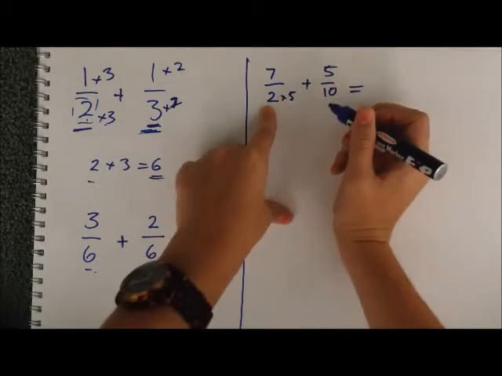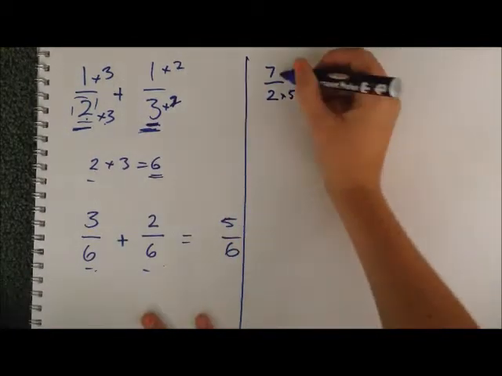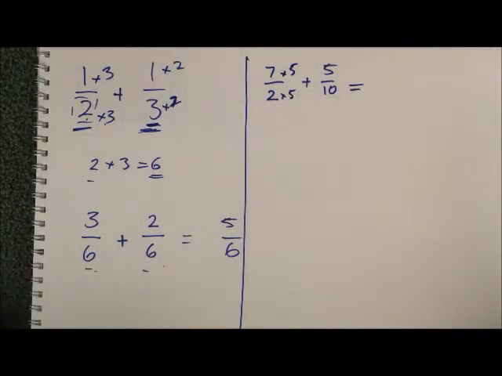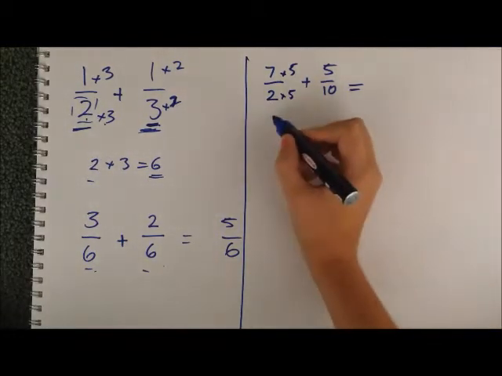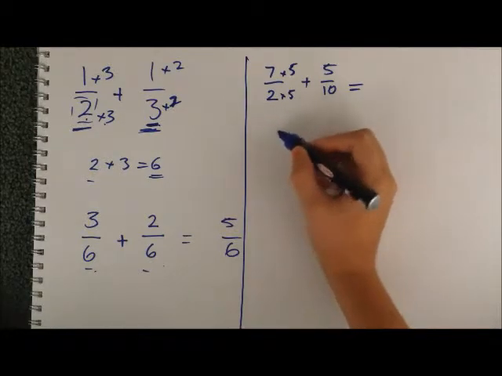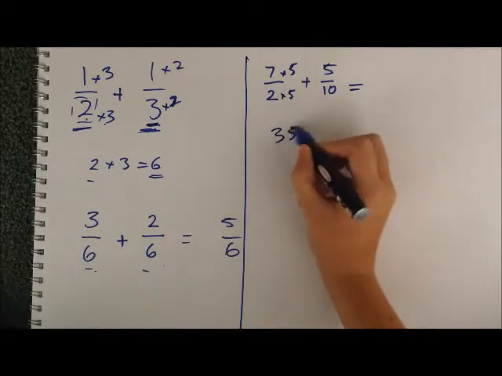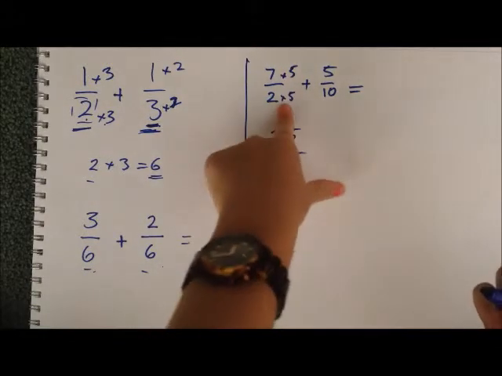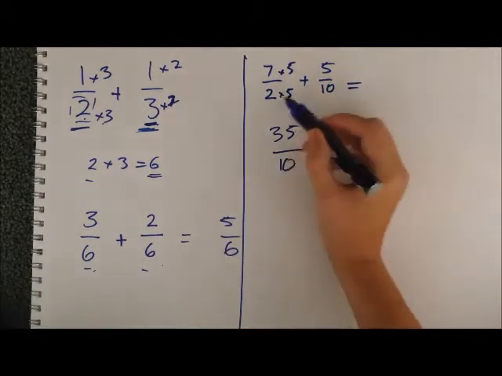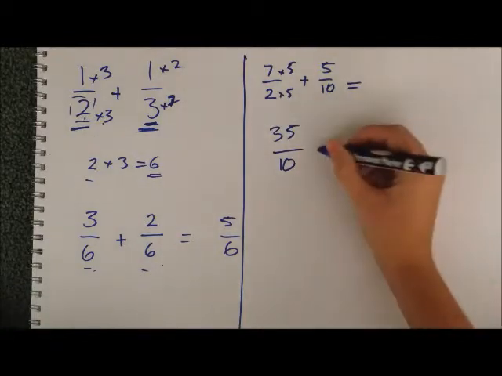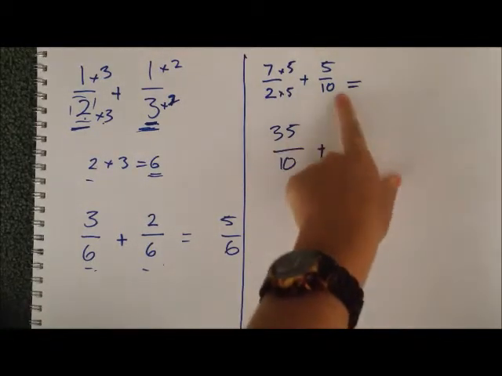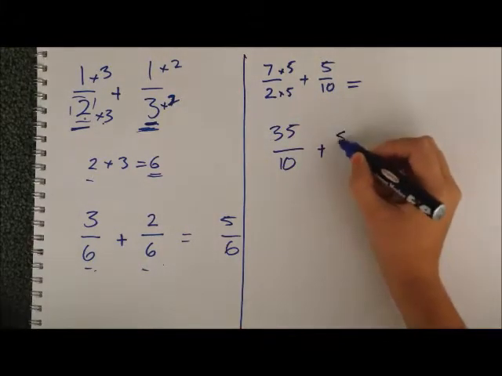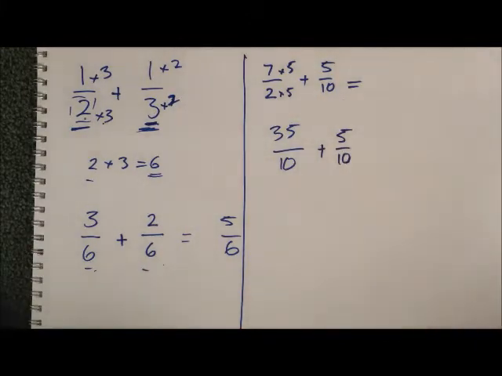So what we do to the bottom, we have to do to the top, times by 5. Okay, now what is 7 times 5? 35, and that is 10. 2 times 5. And so this one we don't change because it has already got a denominator of 10. So that just becomes 5 on 10.